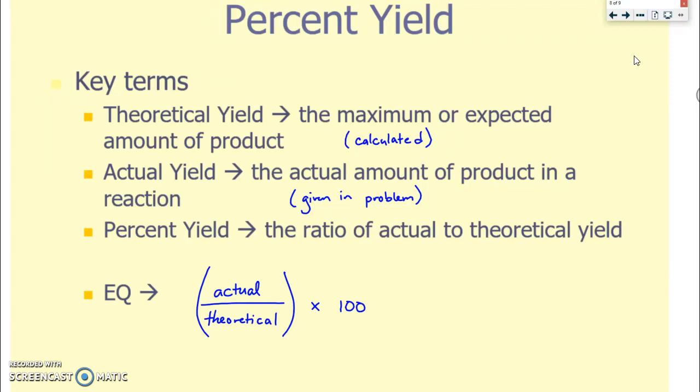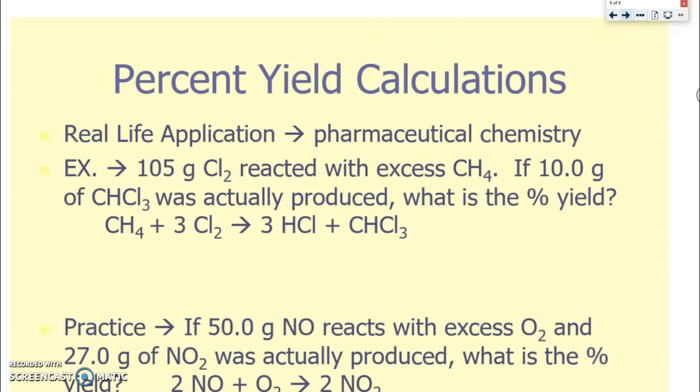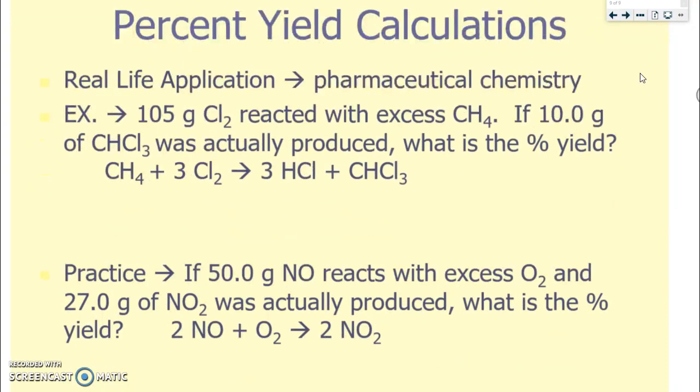It's actual over theoretical, okay, so given over calculated times 100, and it will give you a percent. So let's apply this on the next slide. The real-life application of this is often pharmaceutical chemistry, among other things. So let's go through and do this example.